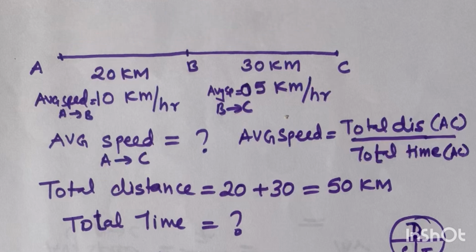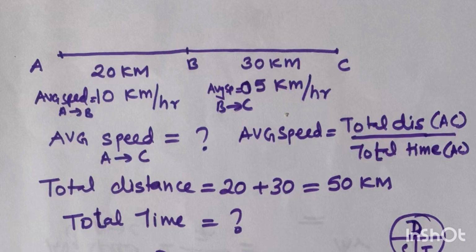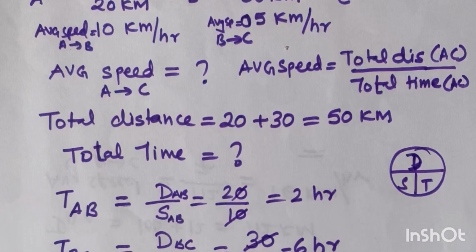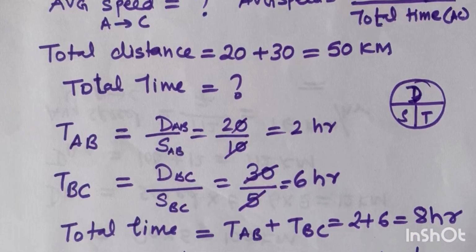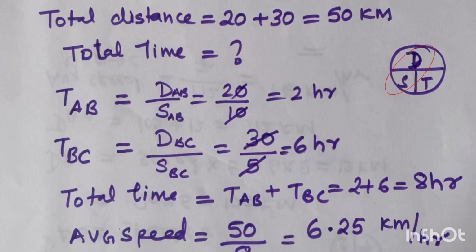As time is not given directly, but average speed is given from A to B and B to C. So using distance AB, that is 20 kilometer, and its average speed 10 kilometer per hour, we can find time object will take to move from A to B. Similarly, we can find for B to C. Now adding both time, we can find total time object will take to move from A to C. Time is distance upon speed, so time object will take to move from A to B is 20 divided by 10, 2 hours.